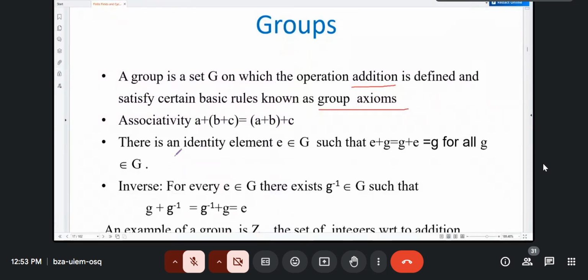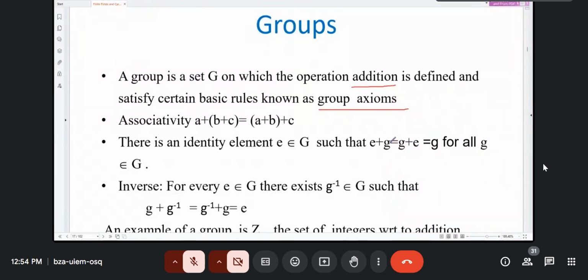There is an identity element E belonging to the group, such that E + g and g + E is equal to g for all g belonging to G. What you are saying is what constitutes a group must have that identity that you add.